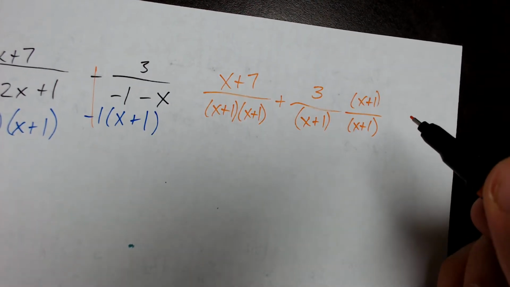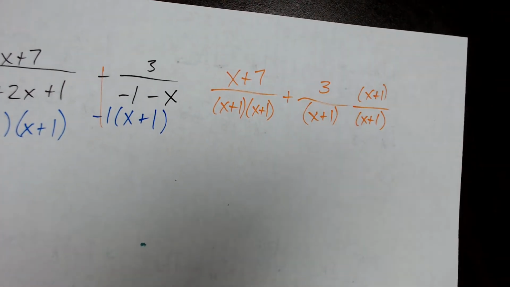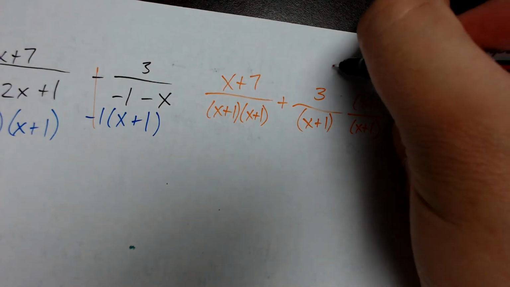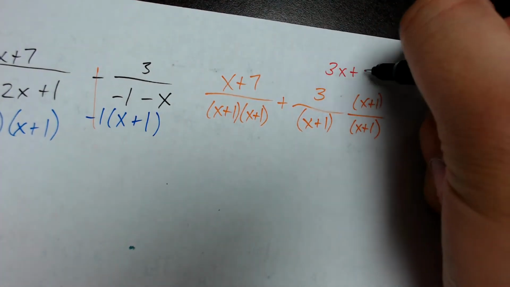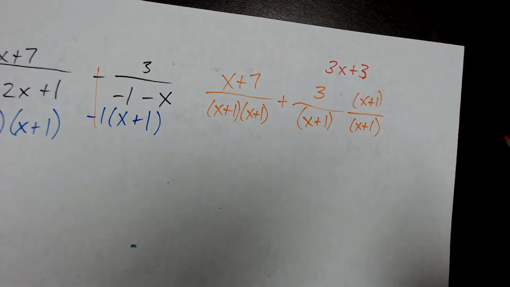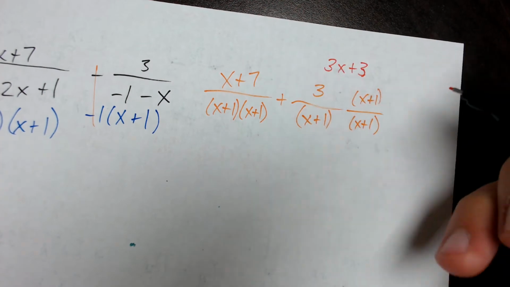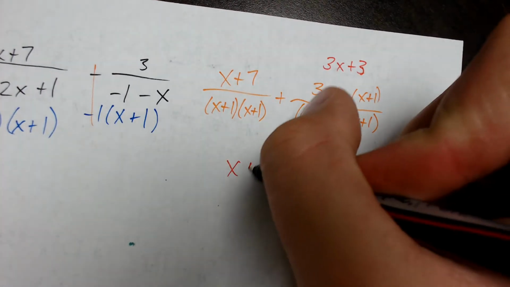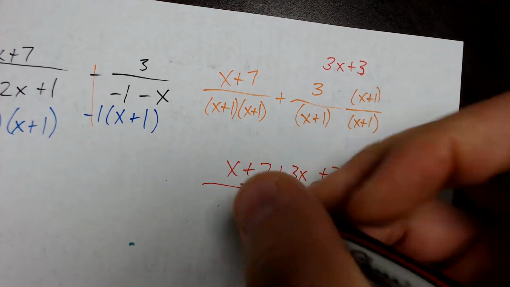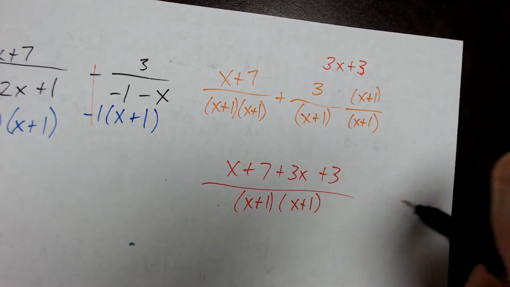What that does to this numerator is change it to become 3x plus 3. And then the denominator just becomes the same as this. So what we now have is x plus 7 plus 3x plus 3 all over, parentheses, x plus 1, x plus 1.